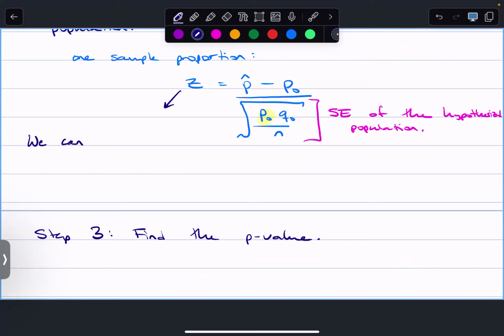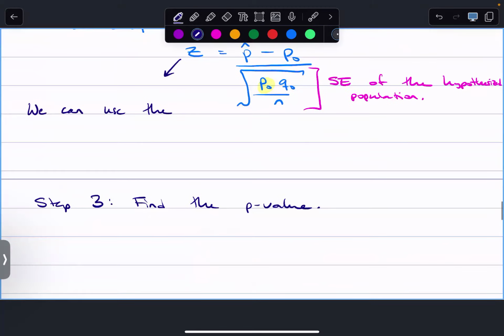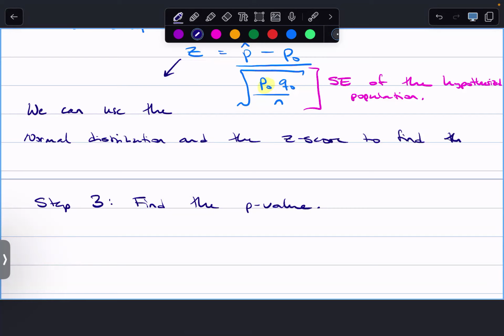We can use the normal distribution and the z-score to find the area, potentially areas if we have a two-sided test, in the tails, potentially two tails.